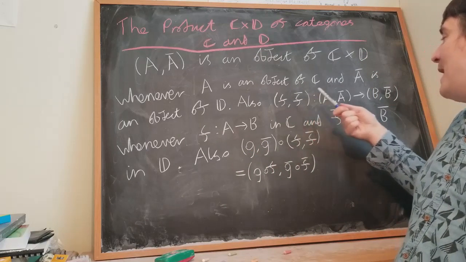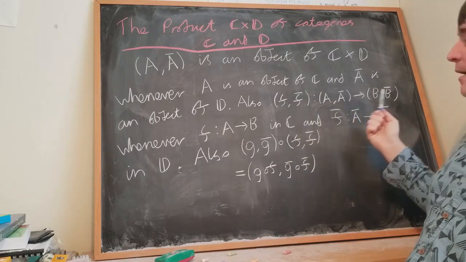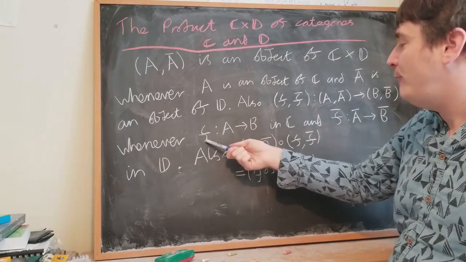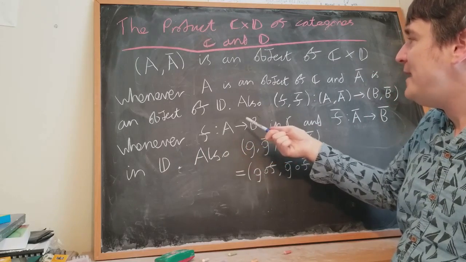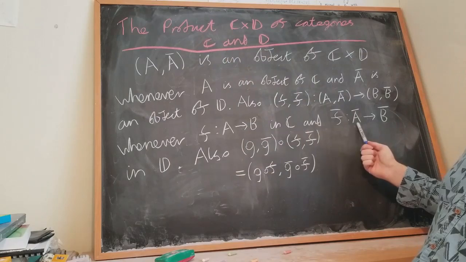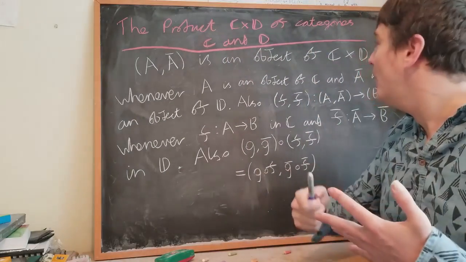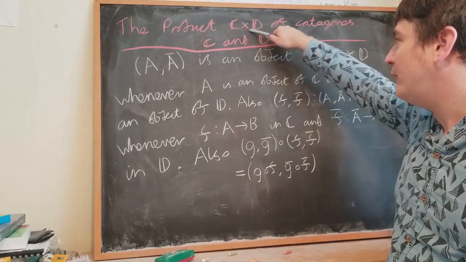That's going to be an arrow from A comma A bar to B comma B bar whenever F is an arrow from A to B in C, and F bar is an arrow from A bar to B bar in D. So now we know what the objects of this category are.